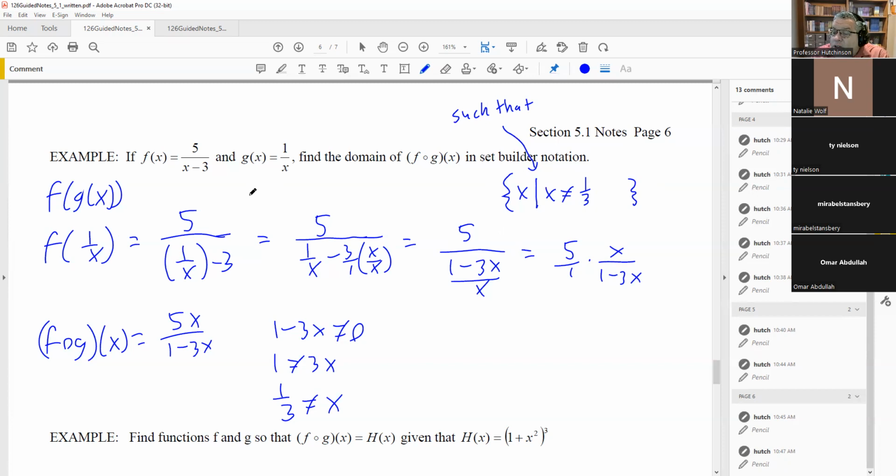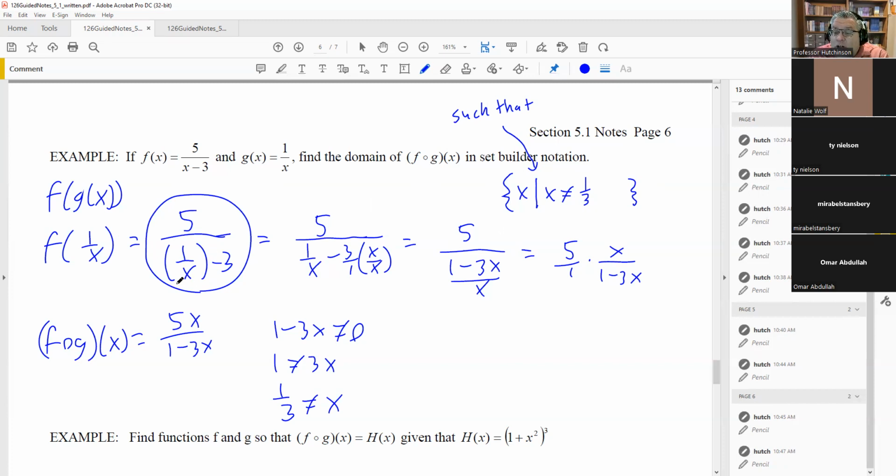What you also have to consider is the very first step. If I was to leave my answer like this, I would see if there's another number that would cause division by 0. In fact, 0, because I have 1 over x here.